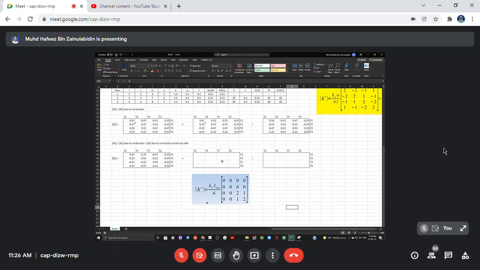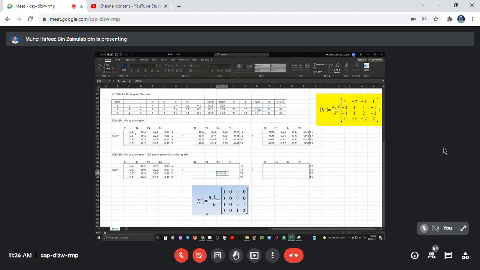We only need to fill here, because other parts equal 0. That part equals 2 multiplied by HL over 6, here 1 times HL over 6. Then add, equals this plus this. Control Shift Enter.